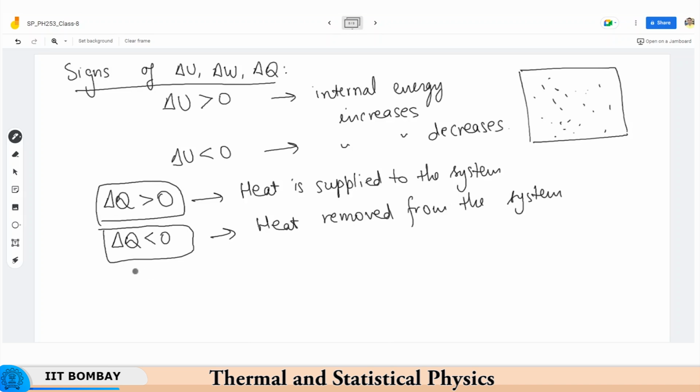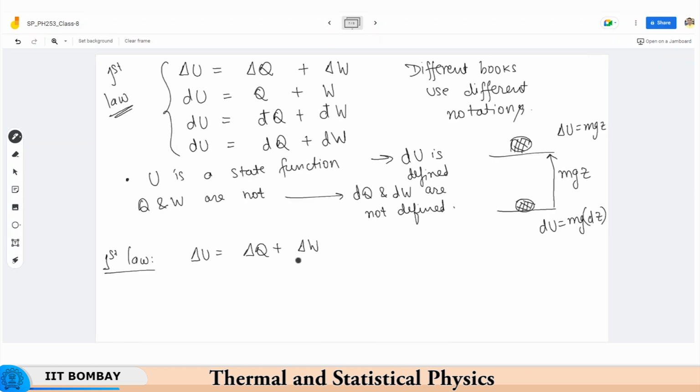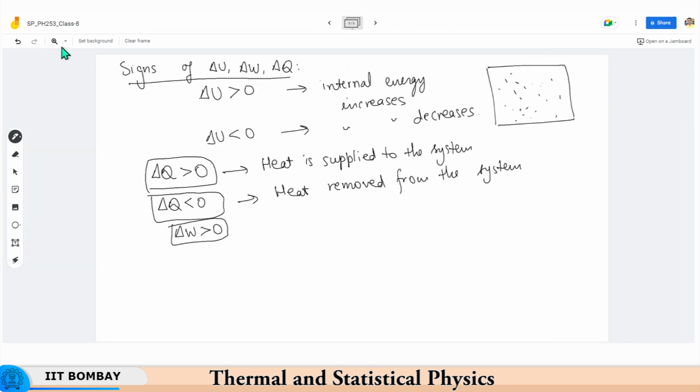Similarly, if delta W is positive, remember the statement is delta U is delta Q plus delta W. So delta W positive should contribute to the internal energy of the system, and that will only happen if the universe is working on the system, if you are working on the system from outside.